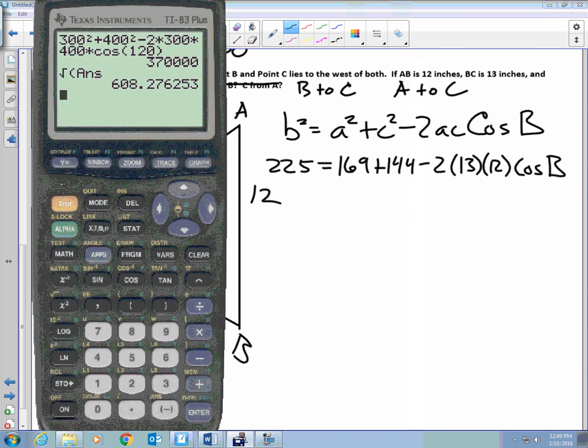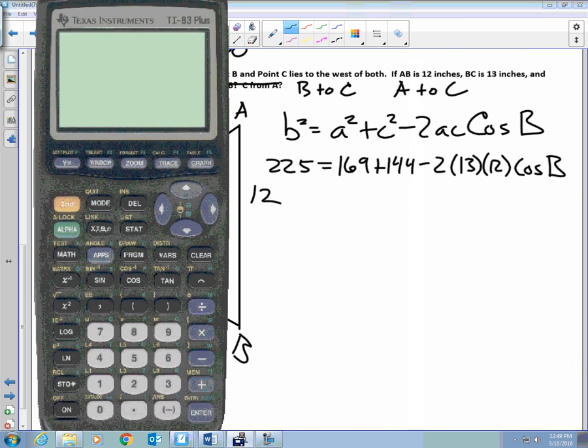In order to compute this, I have to subtract those pieces over. So I have 225 minus 169 minus 144. I get negative 88. I'll take negative 2 times 13 times 12.